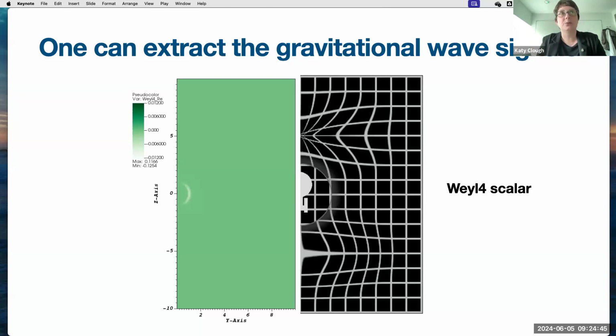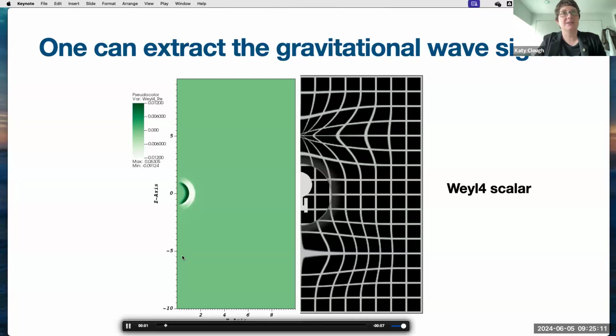We can look at the evolution of the Weyl scalars, where in the center, again, this doesn't necessarily tell you anything physical. It tells you some stuff is going on, but it's not easy to interpret. But far further away, where the space-time is essentially flat, you can identify it with some gravitational wave content.